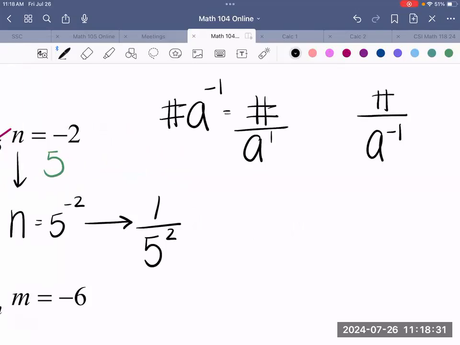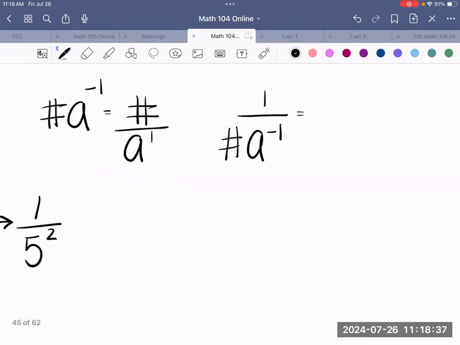To change its position, again, we're just changing the value that has the negative exponent. So we're going to keep whatever is next to it down below, and we're just going to put it up top and make it positive.